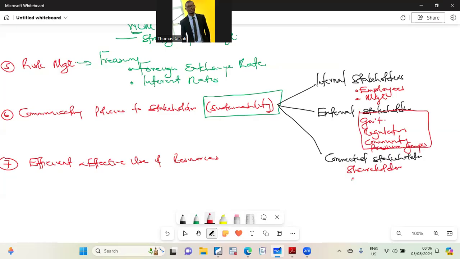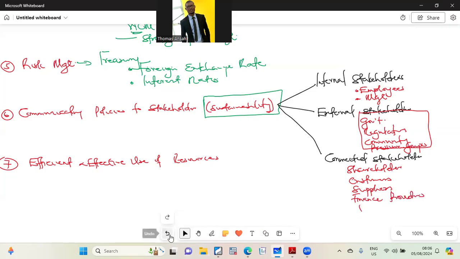We are talking about the customers, the suppliers, the banks, finance providers. So let me generalize them and call them the finance providers, and your own competitors. So these are the connected people. They are connected to your entities.